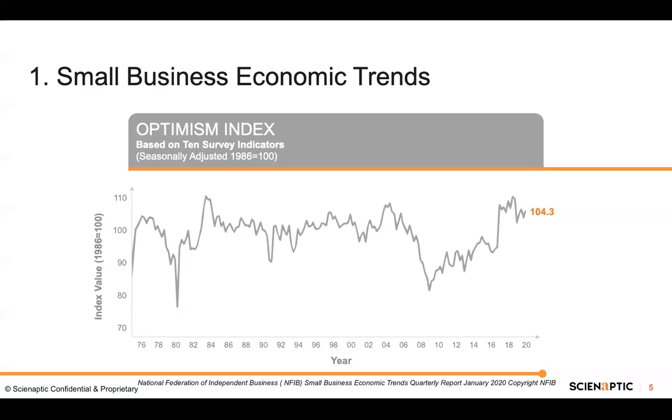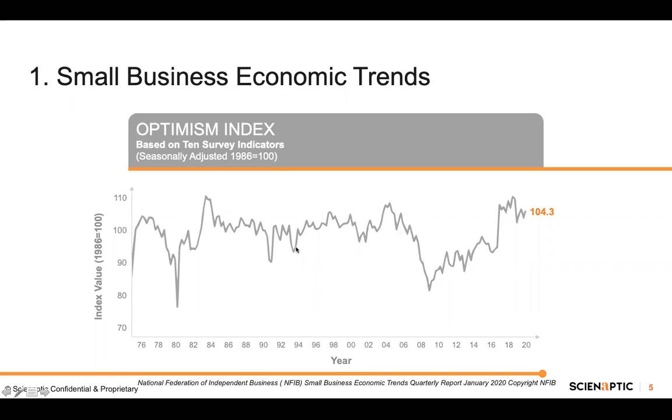Now, if you aggregate all these indicators into an optimism index, what you see on the chart is that overall, the optimism index is on an upward trajectory since the 2008 period, ending at 104.3, where the index is seasonally adjusted to be 100 for 1986.